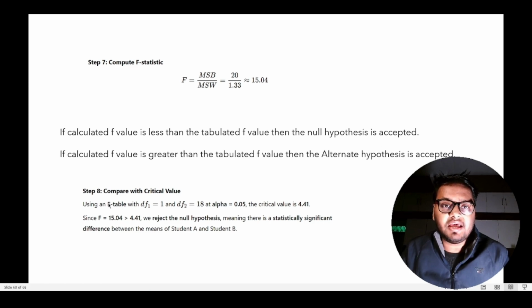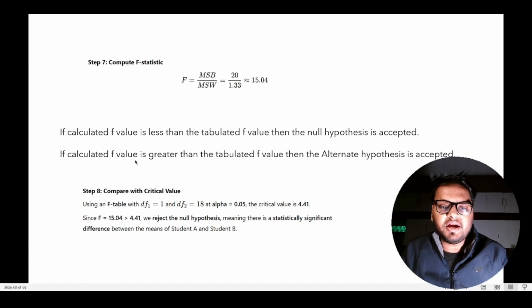So here, with the help of an F table, our degree of freedom for the first one is 1 and degree of freedom for the second one is 18 at an alpha of 0.05. So here the critical value will be 4.41. This value comes from your F table. Now here we can see if the calculated F value is less than the tabulated F value, then the null hypothesis will be accepted.